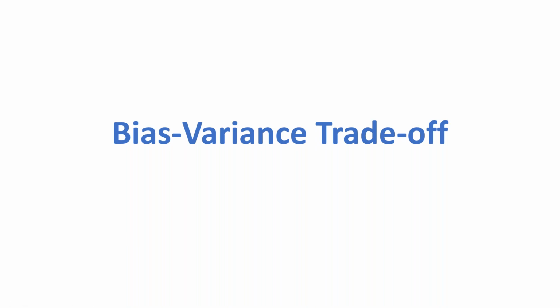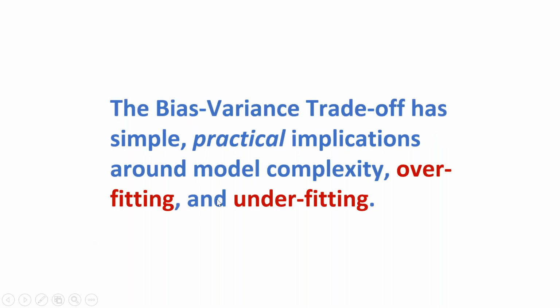The same thing can be explained using the terms bias and variance. So let me explain that. The bias variance trade-off has simple practical implications around model complexity. It is another way of explaining model complexity and the concept of overfitting and underfitting.